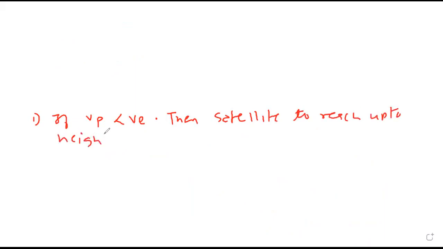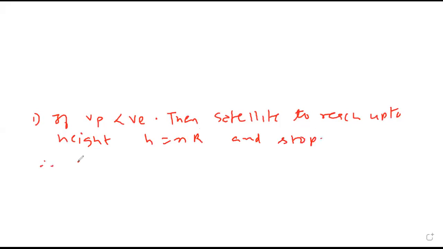If the velocity of projection is less than escape velocity, then the satellite will reach up to height h equal to nR and stop.